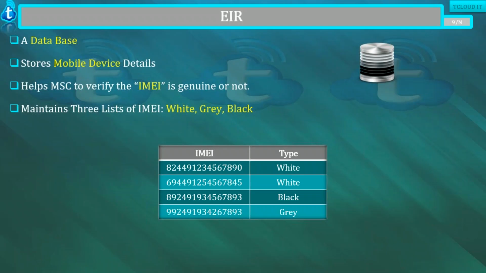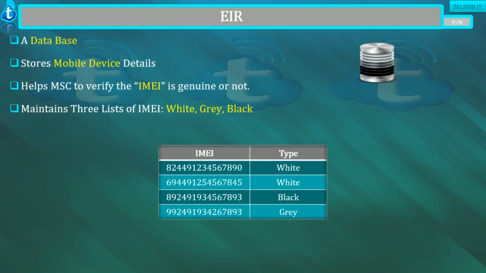What does MSC do with it? If it is whitelist, MSC will happily continue. But if it is blacklist, MSC decides to reject that registration, saying that you are using a blacklisted mobile and I should not accept your registration. Or if the mobile is using a graylisted IMEI number, MSC accepts the registration, but starts recording everything quietly in the background.